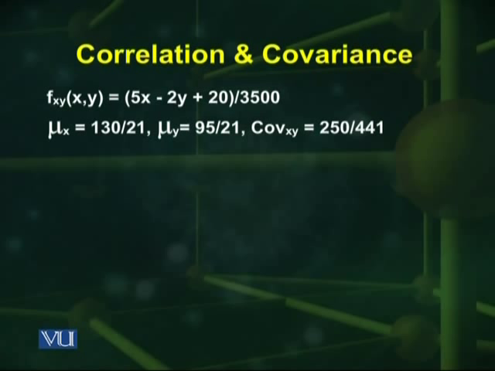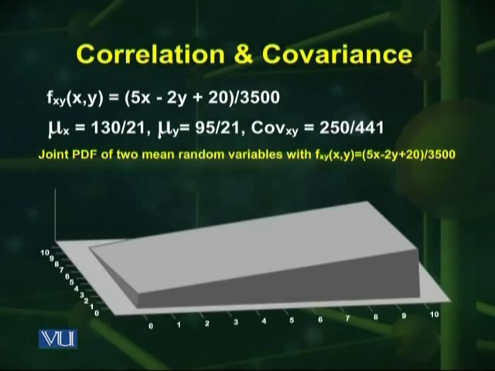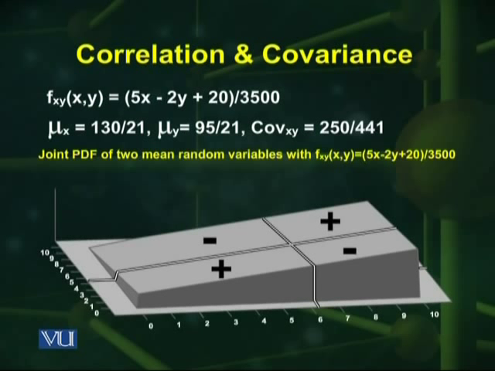This joint PDF has already been analyzed and we have found the marginal densities and other quantities for this joint PDF. As you can see from the surface plot of this joint PDF, this is higher in the third quadrant compared to the second quadrant.